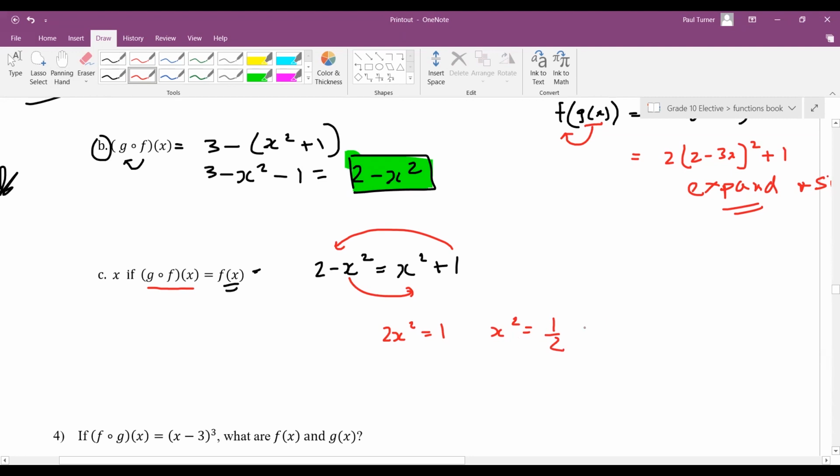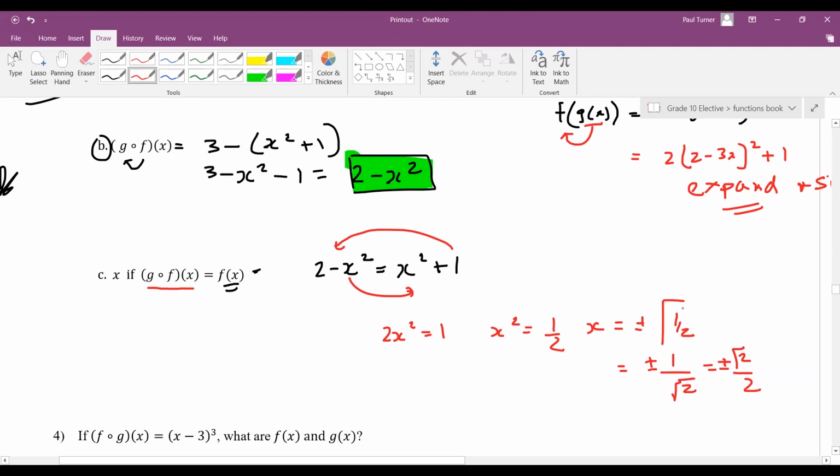And so x will be plus or minus the square root of a half, which is plus or minus 1 on root 2, which is the same as root 2 on 2. We'll talk more about surds later, but you should get something like that. Plus or minus root 2 on 2 or 1 on root 2.